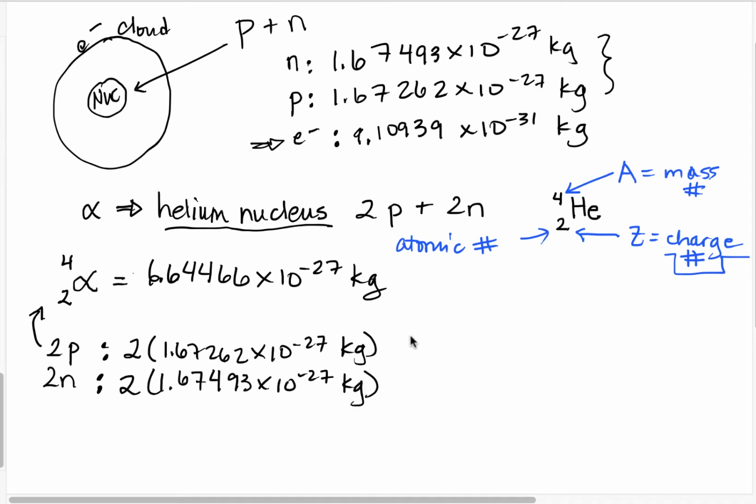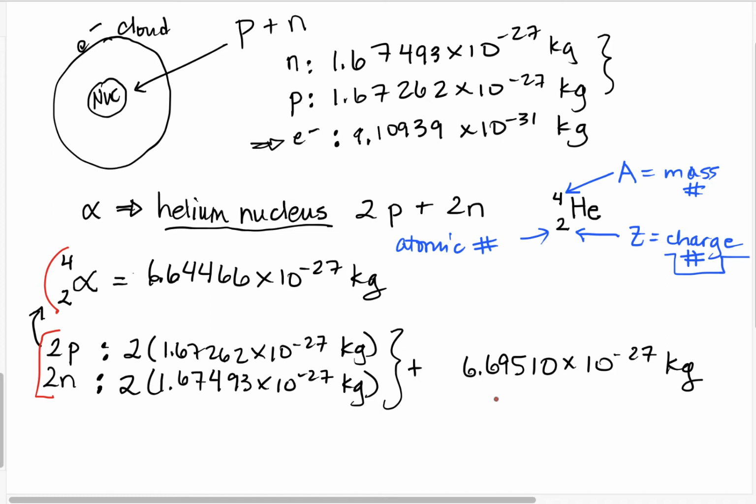And if we add these together, then what we get is 6.69510 times 10 to the minus 27 kilograms. So just to review, in an alpha particle, there's 2 protons and 2 neutrons, and here's its mass. But the mass of 2 protons and 2 neutrons is a little bit higher than the mass of an alpha particle.